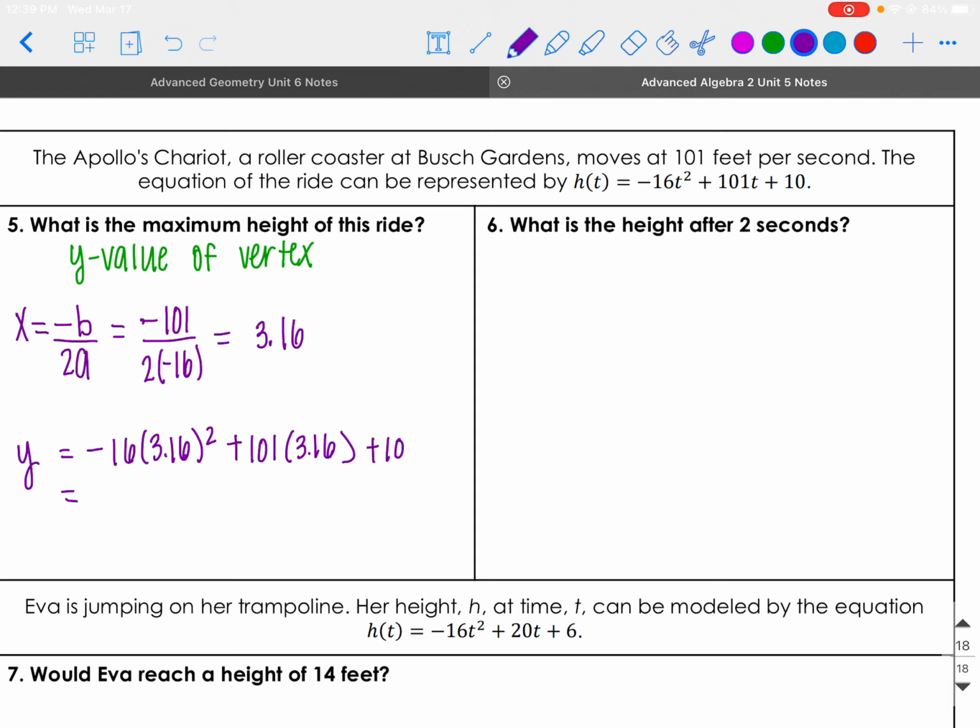Remember the store function on your calculator? You could type 3.16, store it as x, and then you could just type in the equation, negative 16, but use x instead of t, x squared plus 101x plus 10.